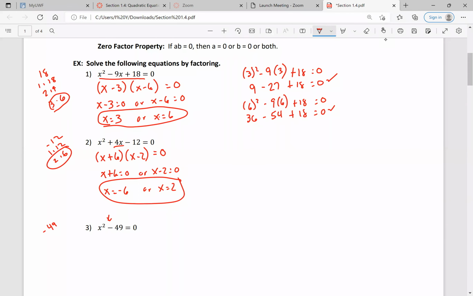So we're going to have x minus 7, x plus 7. x minus 7 equals 0, or x plus 7 equals 0. x equals 7, or x equals -7. And again, do not be afraid to plug them in real quick. 7 squared is 49, 49 minus 49. -7 squared is 49 as well. So they both work.